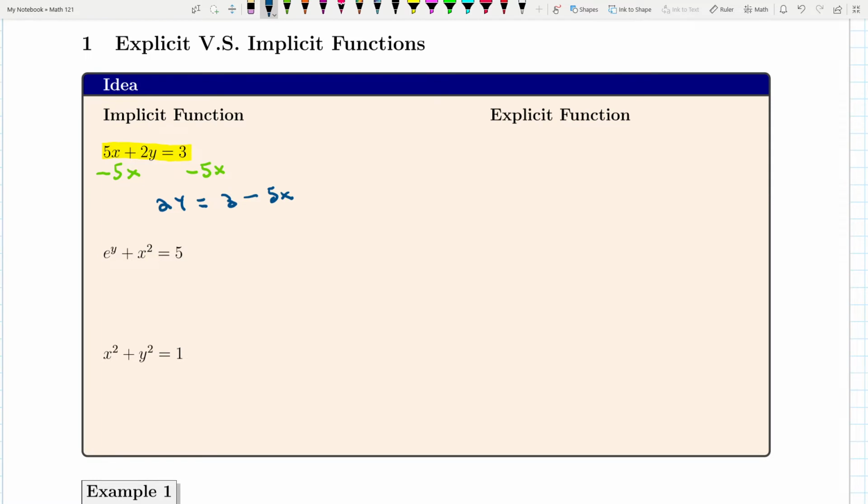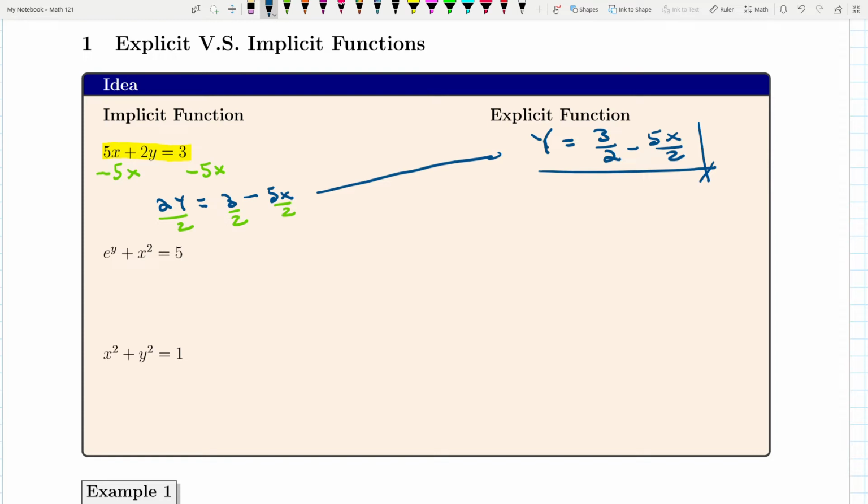To get y by itself, all we need now is to divide both sides by 2. In this case, it is possible to get y in terms of x: 3 halves minus 5x over 2. So that's the explicit function. In this case, it's possible to solve for y with no issues. What could be the issues? You'll see in a minute.